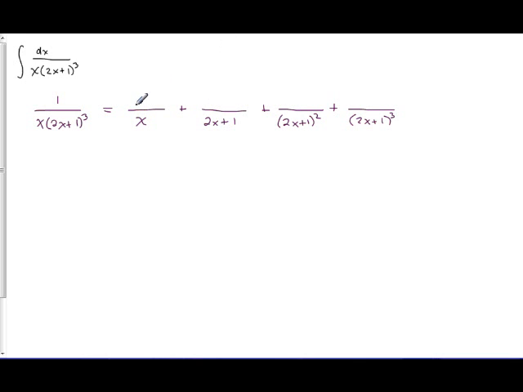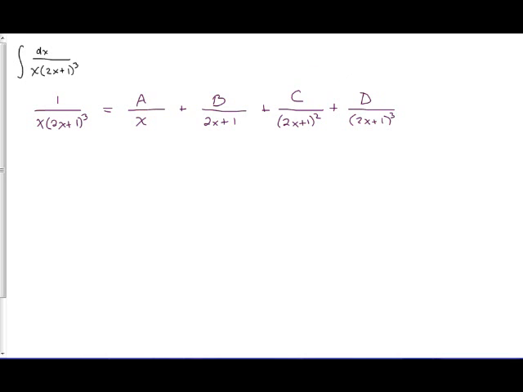So now the numerator is going to be the most general numerator that allows us to keep this a proper fraction. For the x, that's degree 1, so it's just some constant a. And for the 2x plus 1, again degree 1, so it's just some constant. In each of these, we're going to have a constant.